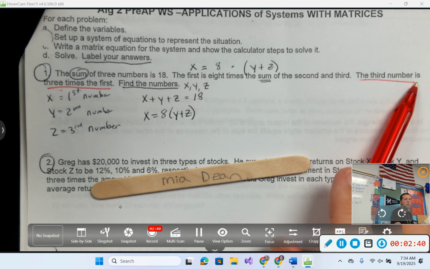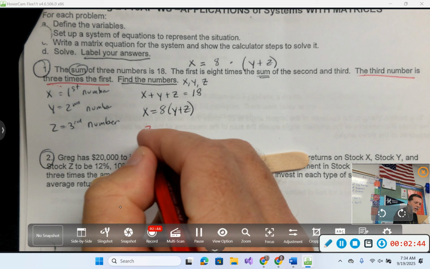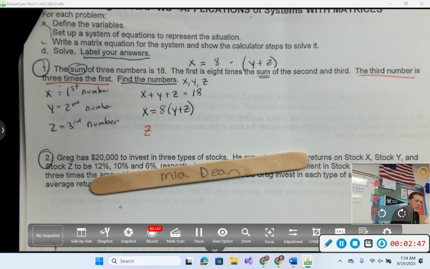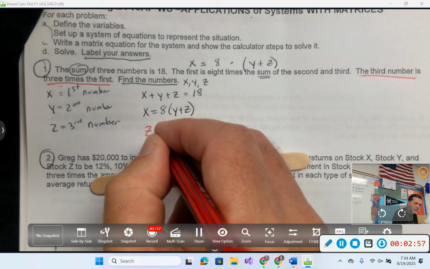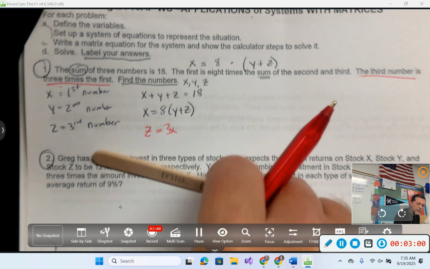The third number, which is the third number? Oh, the following Z. Is 3 times the first. So how do I translate that to an equation? Z equals 3 times X.